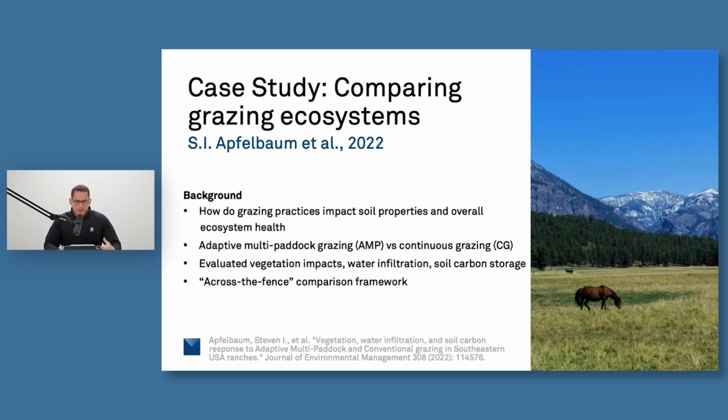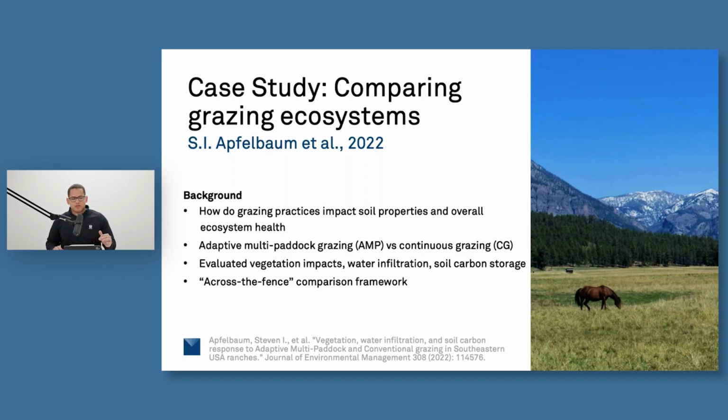But the goal of the study from Applebaum et al. was to compare the continuous grazing and the AMP grazing in the southeastern U.S. And if you're not familiar with AMP grazing, it involves short grazing events with planned recovery periods, while continuous grazing, as the name states, means continuous grazing with no planned recovery.